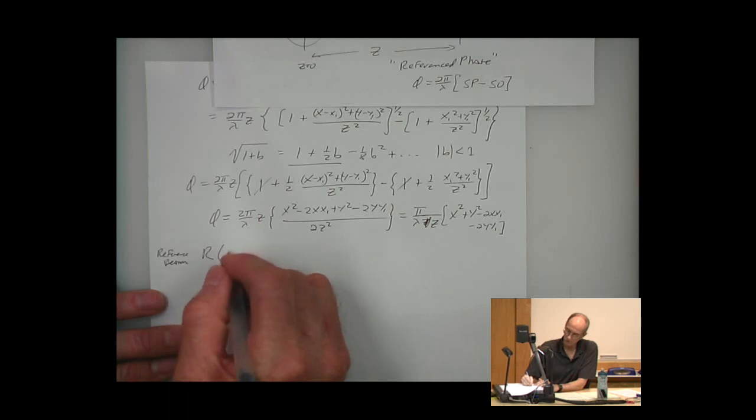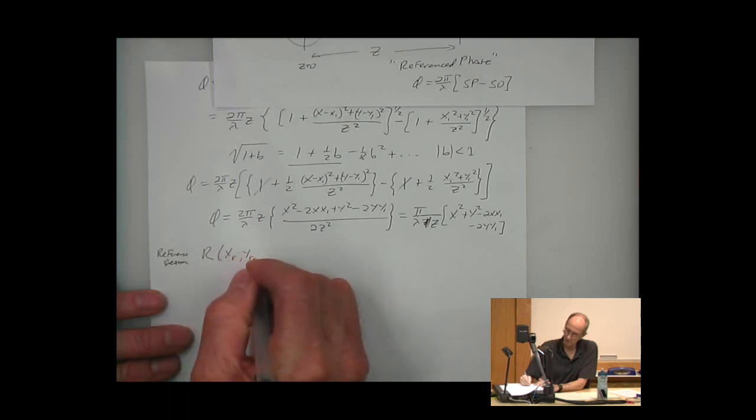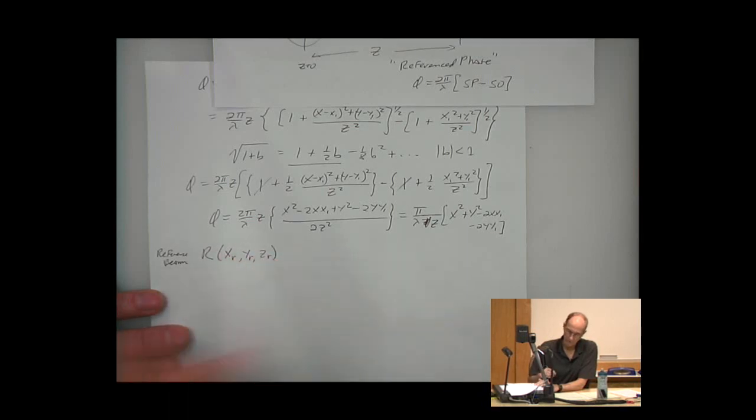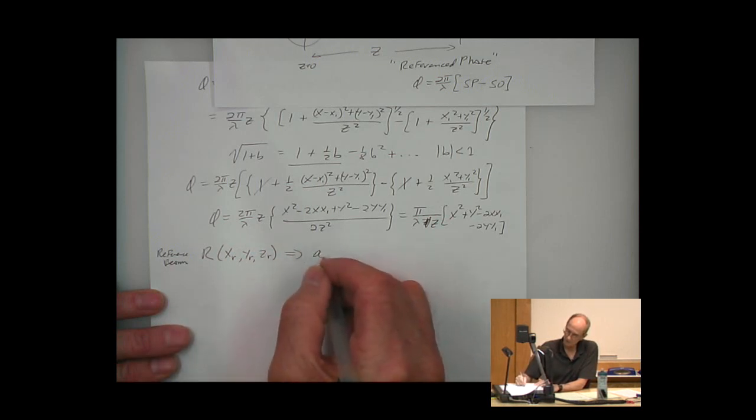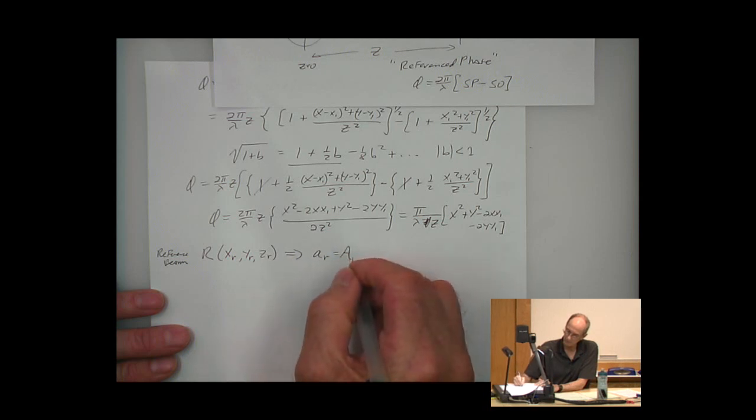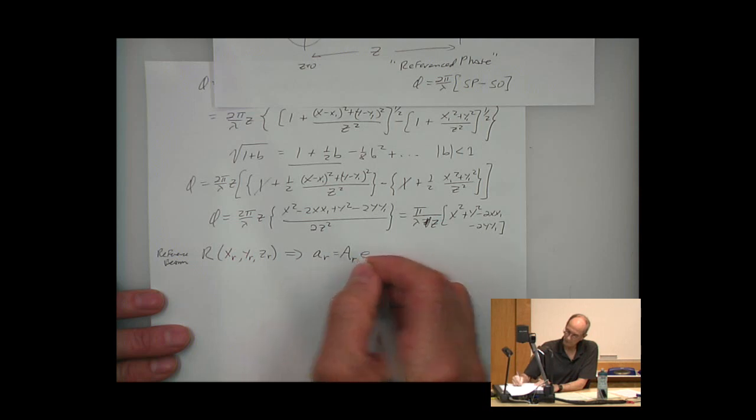It has coordinates xr, yr, and zr. And we have a field here that's a sub r, an amplitude a sub r times a phase, e to the minus j phi r.